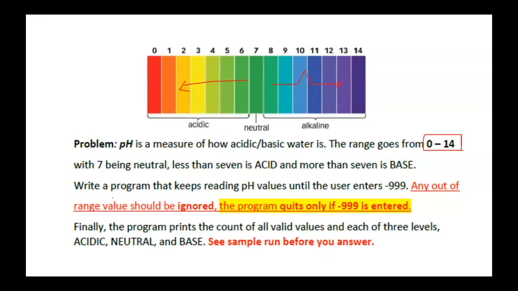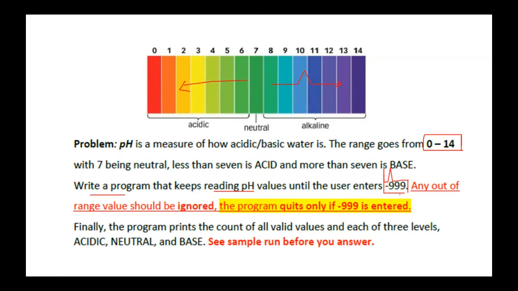Now the question says, write a program that keeps reading pH values. So there is a loop. And keeps reading until what? Until the user inputs minus 999. So you only quit if the input is minus 999. You don't quit on any other value. If it's invalid, you ignore it.